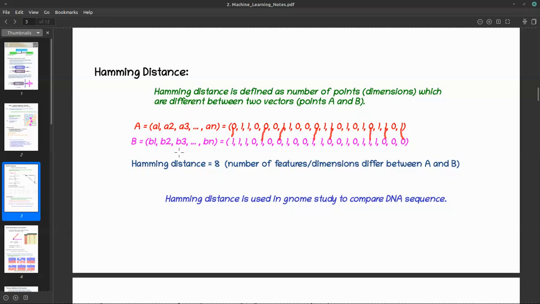So the Hamming distance between A and B is nothing but the difference between all the points in each dimension: X dimension, Y dimension, Z. A XOR B, right? It is an XOR operation. XOR is one when they match and zero when it is different.